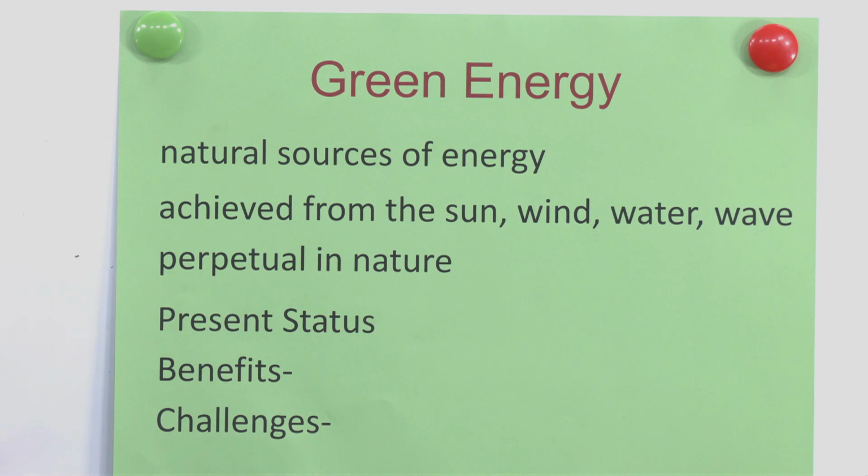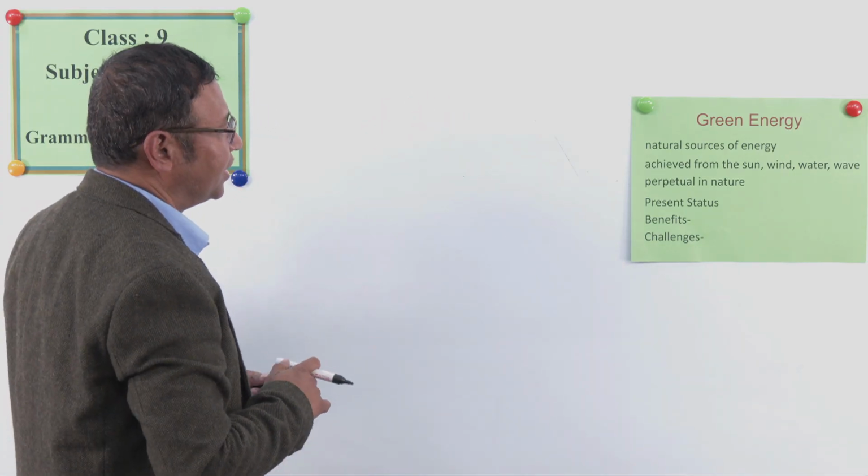The prompts have been given. The prompts are: natural sources of energy achieved from the sun, wind, water, wave, etc., perpetual in nature, present status, benefits and challenges. So let's start writing how you will develop the story.